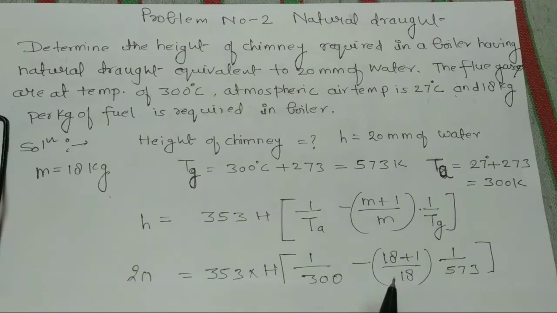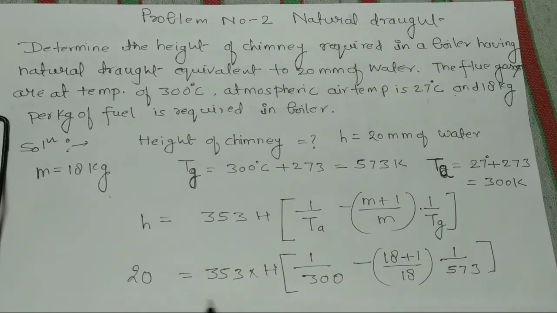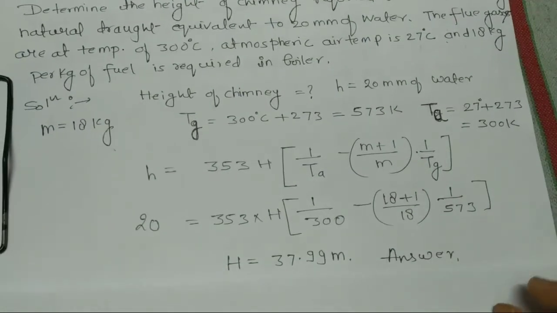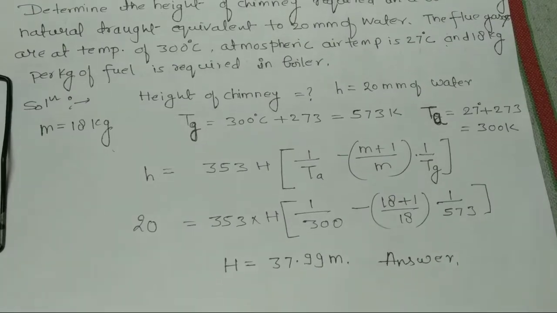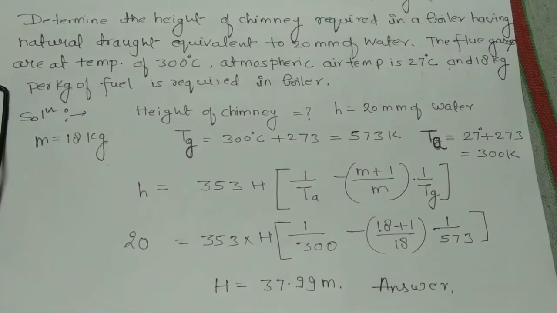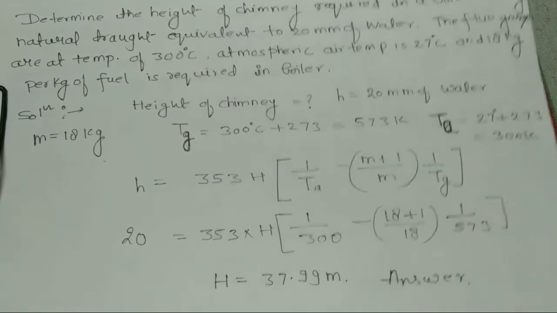So if we put the values, 20 is equal to 353 H, and if we solve the numerical, we get the answer. Capital H is equal to 37.99 meter. So we got the height of the chimney.